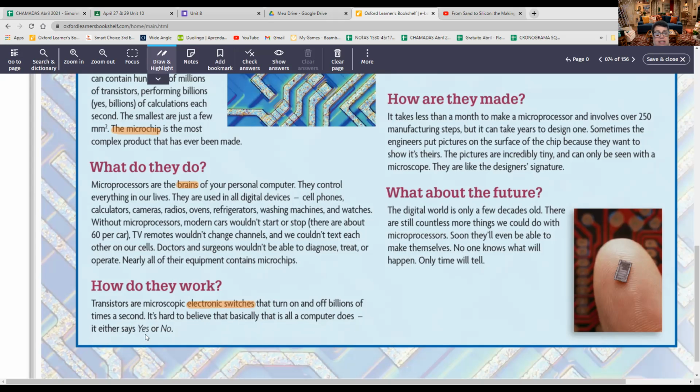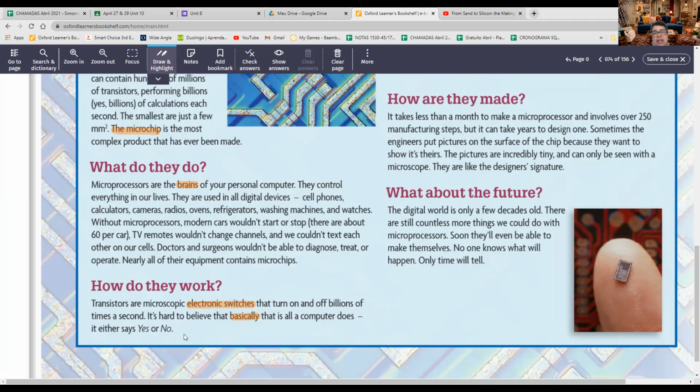It either says yes or no. So here, look, this kind of equipment is only produced to answer yes or no. Did you know that? All computers do that.